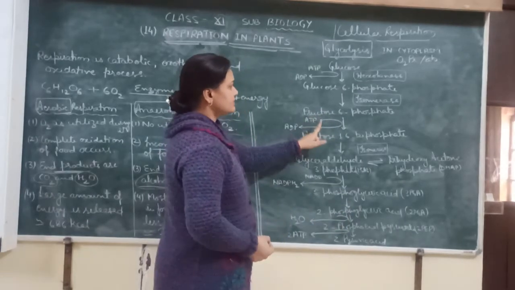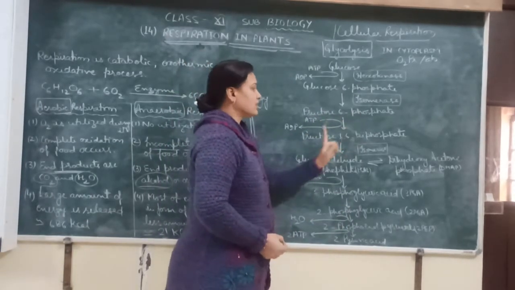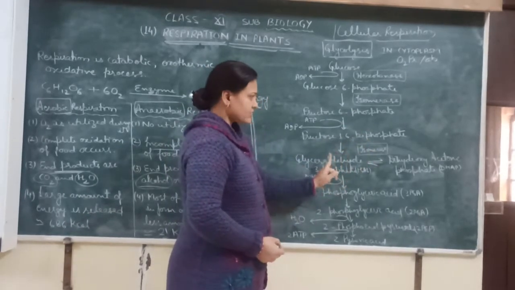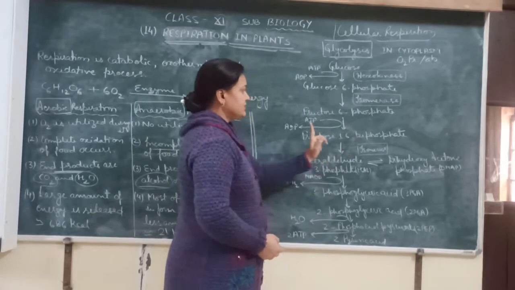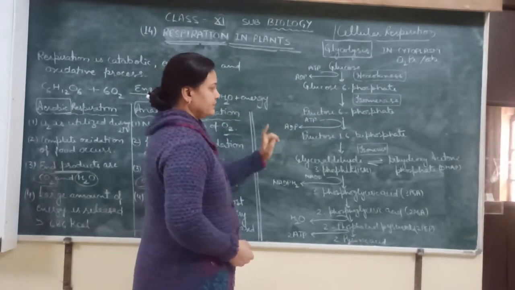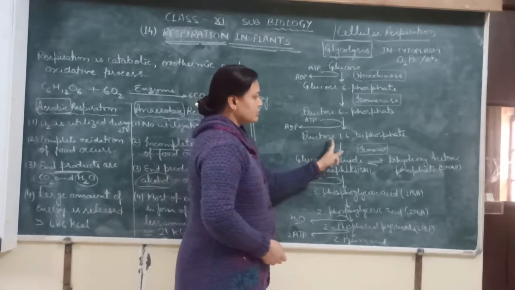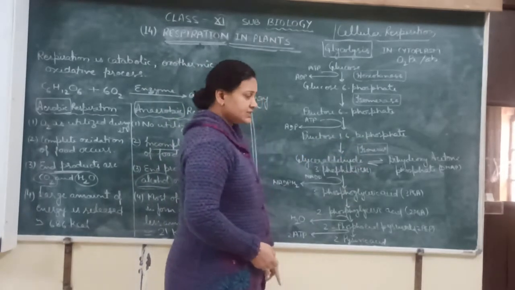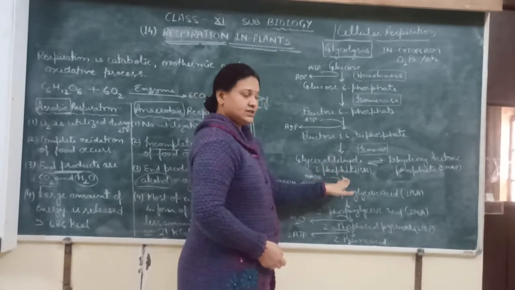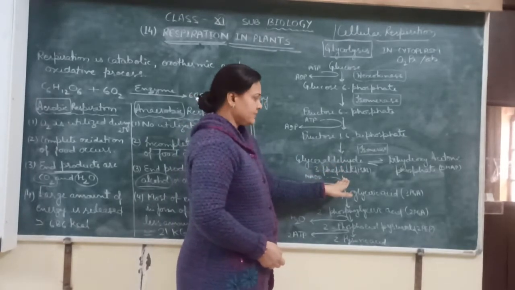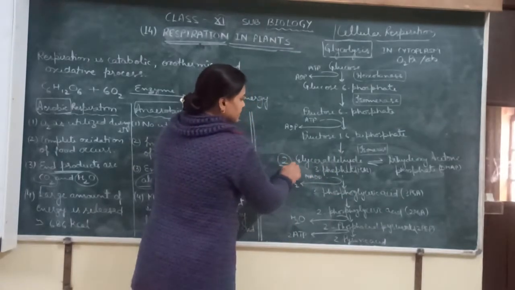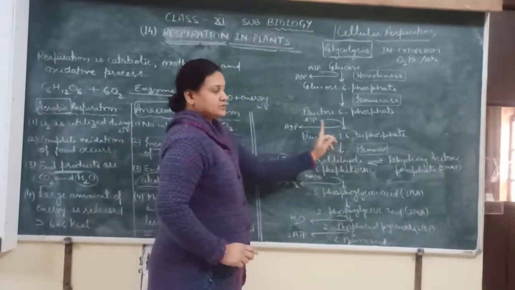The next step is fructose 6-phosphate converting into fructose 1,6-biphosphate. For this extra phosphate, 1 ATP molecule is also consumed. Then, fructose 1,6-biphosphate is converted into glyceraldehyde 3-phosphate, PGAL, and 2 molecules of PGAL are formed from 1 molecule of fructose.